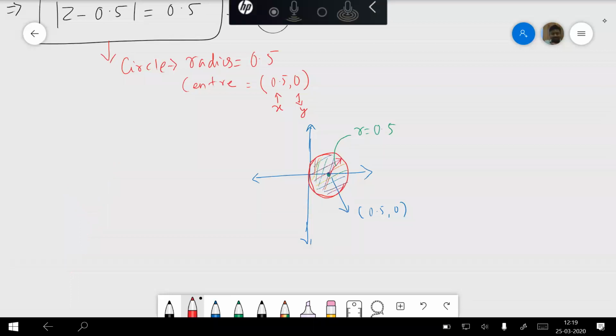Now, this is what this particular equation number B represents geometrically. This is my real z axis, this is my imaginary z axis, and this is my z plane. Now we have something which is tangible. The universal truth is that I have a unit circle, which is basically like this.